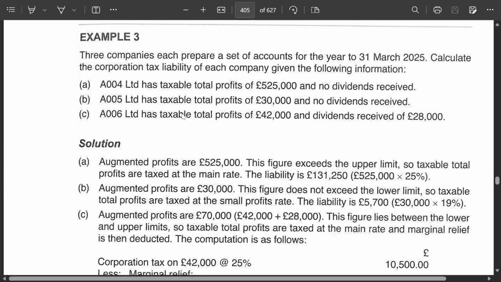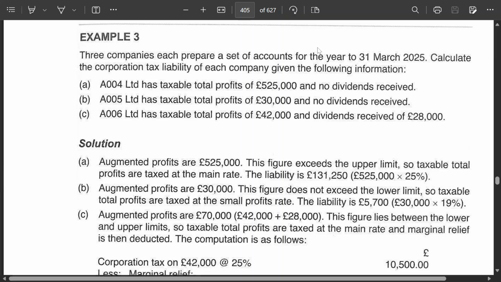Again, the first few are very simple. So 3 companies, year to 31st March. So no adjustment necessary because of time period. Okay, taxable TTP 525, no dividends. No dividends means that AP is equal to TTP.